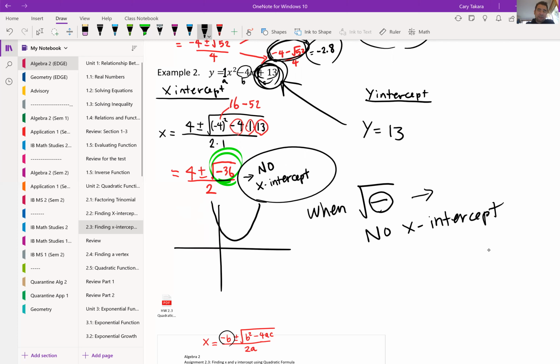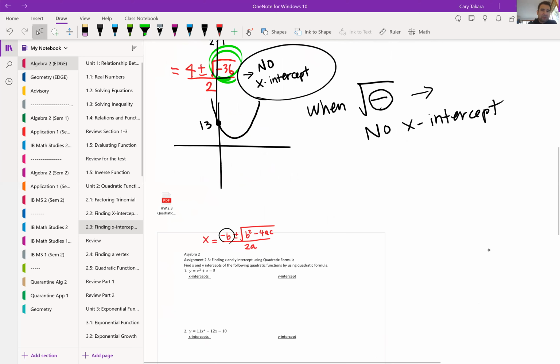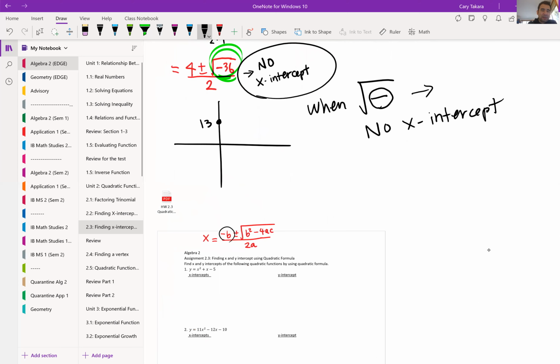And then let's graph this, right? So here's the graph. The y-intercept is 13, but it never dips enough to hit the x-axis. Okay.